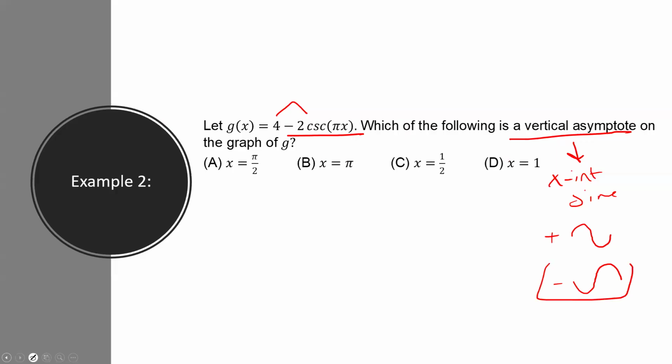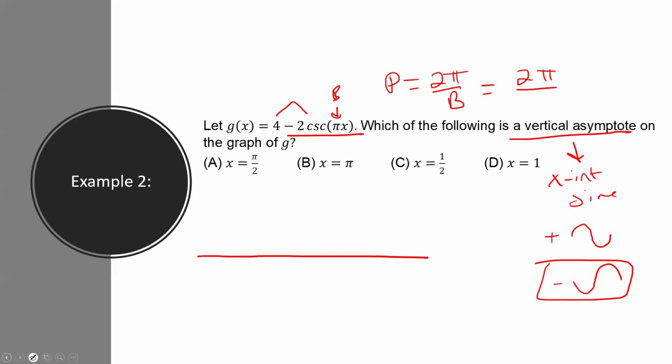So it's the negative cosecant. So we're going to be focused on the negative sine shape, which means we start off at an x-intercept, a min, an x-intercept, a max, an x-intercept. Okay? So we're going to create our line. All we have to do is figure out what is our b, our period. So our b is pi. So therefore, period equals 2 pi divided by b, which equals 2 pi divided by pi.